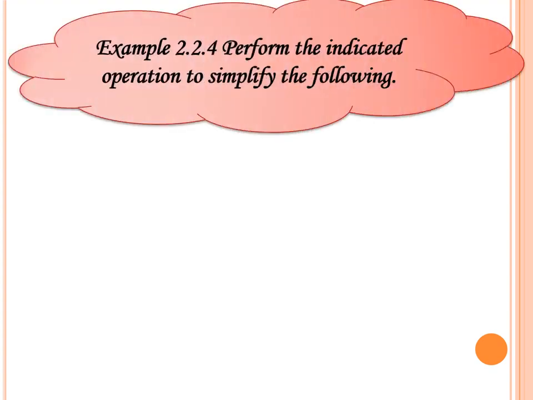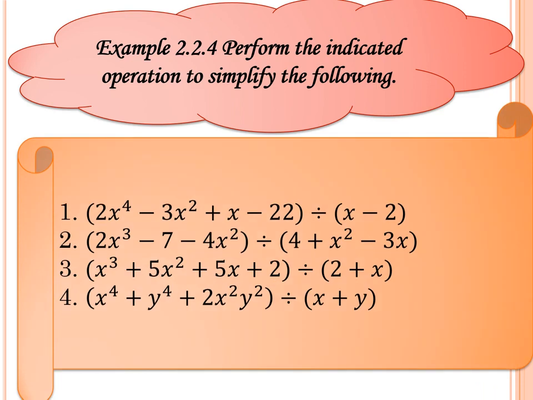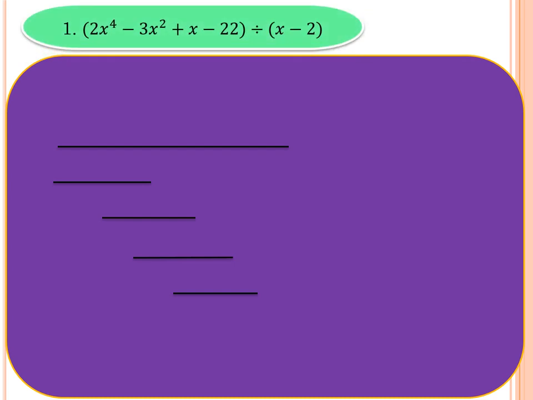So, for our example 2.2.4, we're going to perform the indicated operation to simplify the following examples. Okay? For our first example, given this expression, to solve this one, we're going to arrange into descending order yung variable na involved dito sa expression natin.